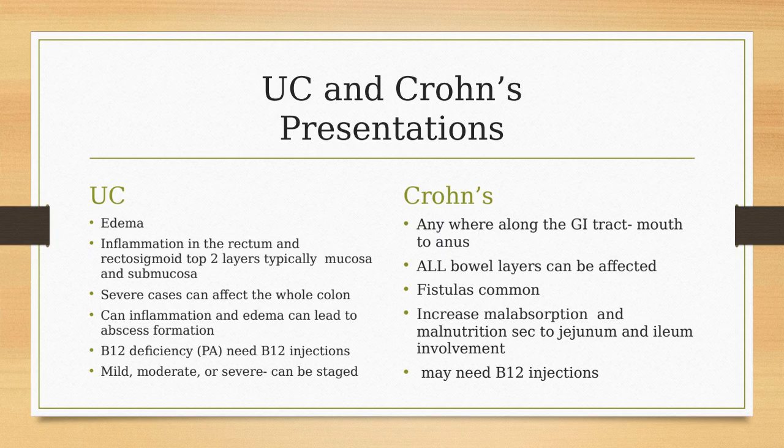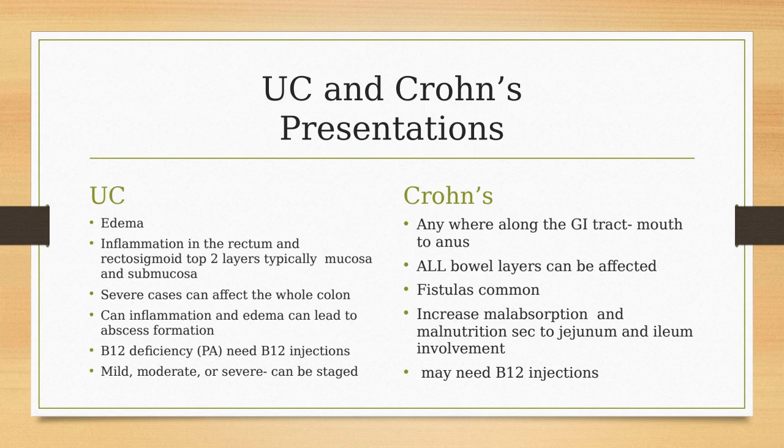Fistulas are common with Crohn's as well as abscesses, but because Crohn's specifically affects digestive absorption and nutrients, it has, of course, that increased risk. The ileum is more involved, but the jejunum also, and remember, your duodenum is going to have more of an effect with duodenal ulcers. And then the B12 injections are applicable for both.